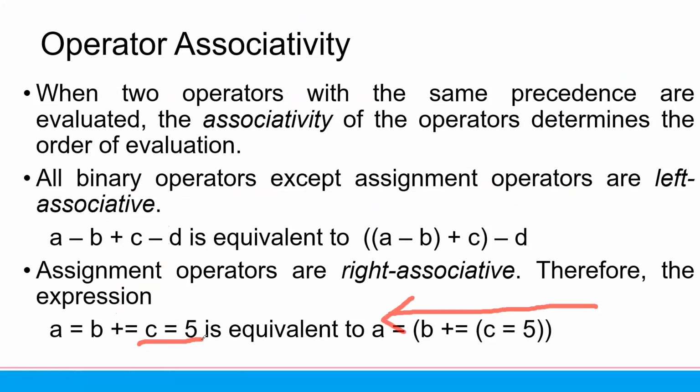And then B plus equal C. Then B will be B plus C. And then C is 5. And then what about A? A will be equals to B plus C. Okay, so this is the meaning of right associative.